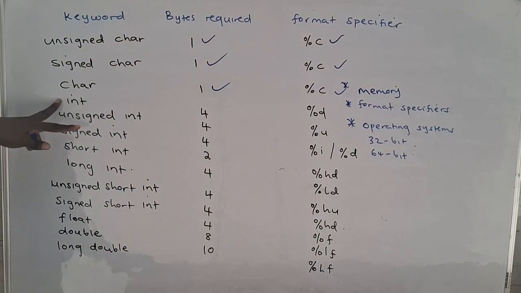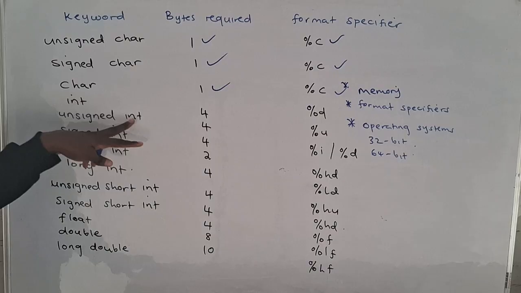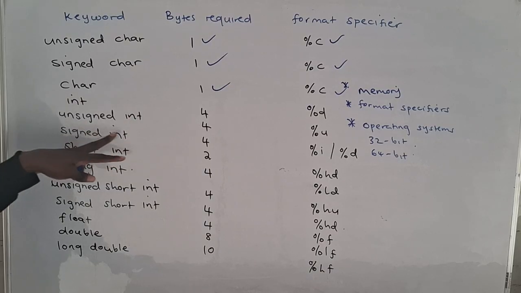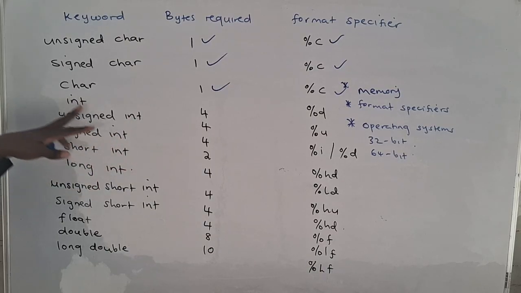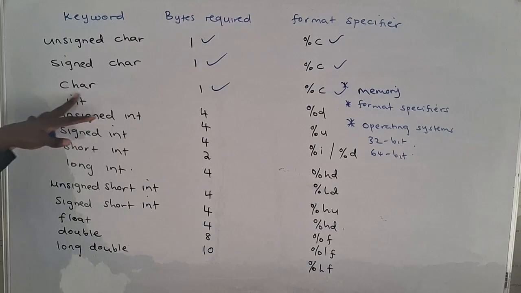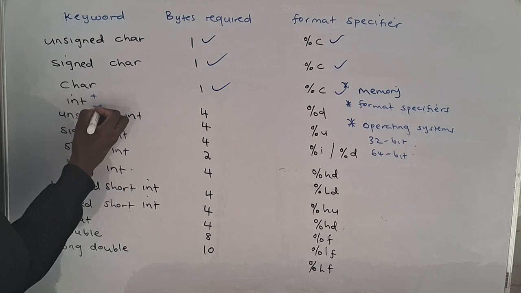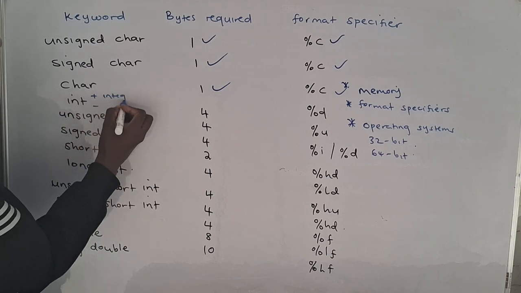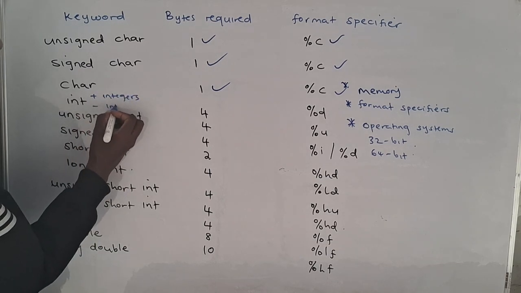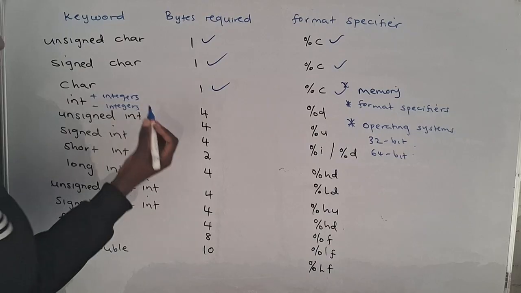We have what we call an integer. We have unsigned integer and we have signed integer. If you write int, by default this int is going to take positive and negative integers.